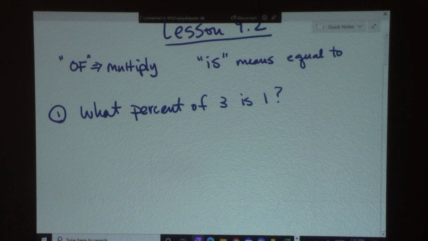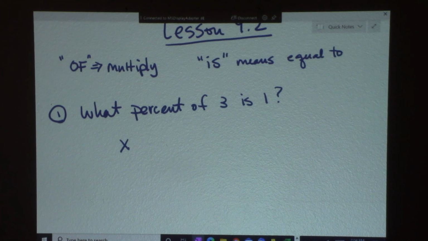Now when I have a sentence like this that has words, then I change it into a math sentence. I translate it from English into math. So when it says what percent, I don't know that. So when I don't know something, I use a letter or a variable. So I'm going to call it X. Obviously you know this, but I'm just saying for the sake of refreshing our minds and doing it in terms of percent.